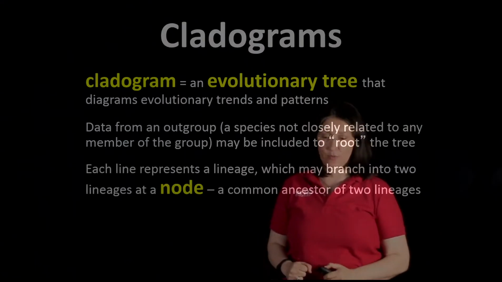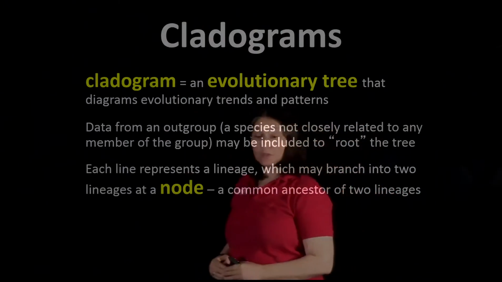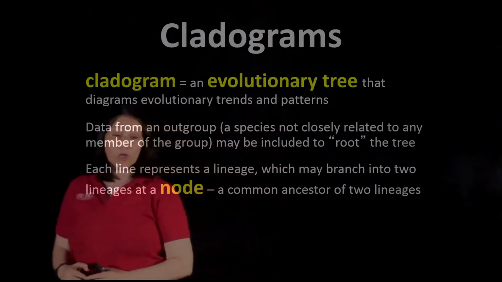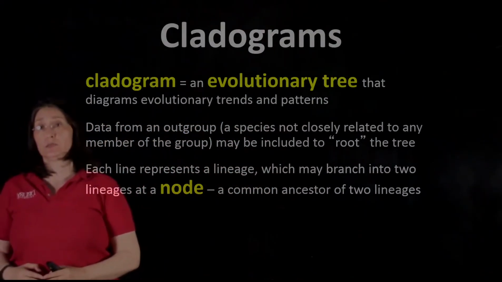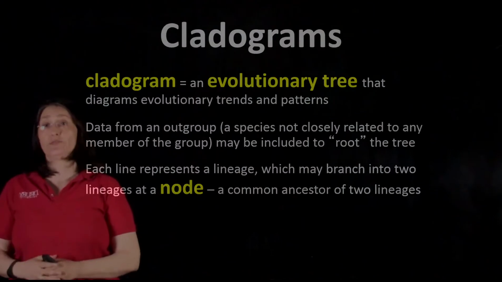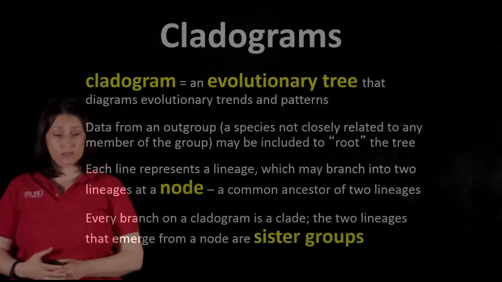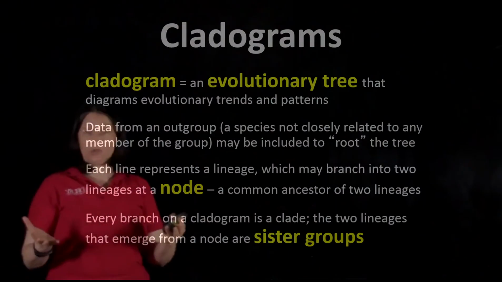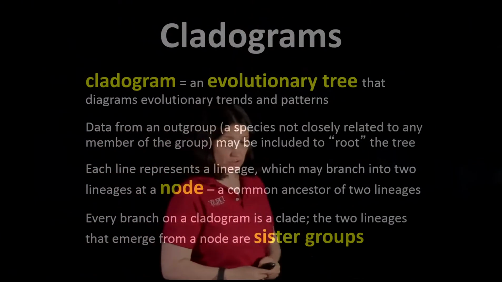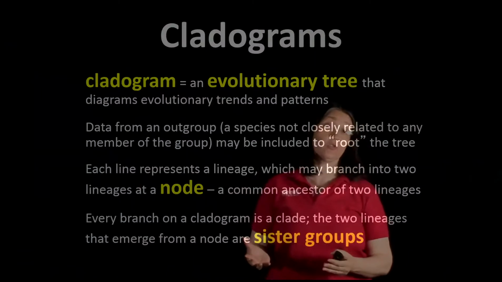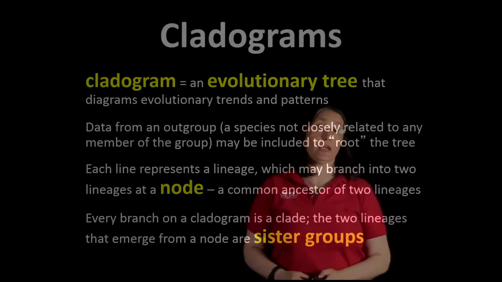You'll see that in a moment. Wherever a line or a monophyletic group branches off, it's a node. And the two groups that branch out from that node are called sister groups. And they branch out because they acquired a derived trait.